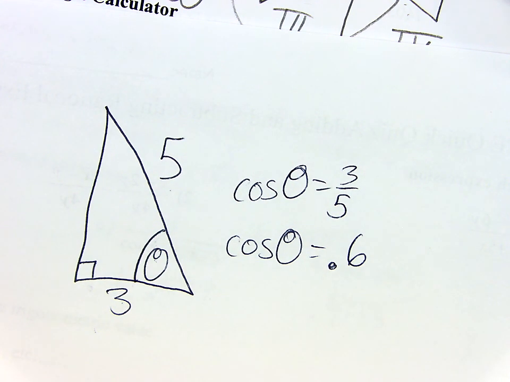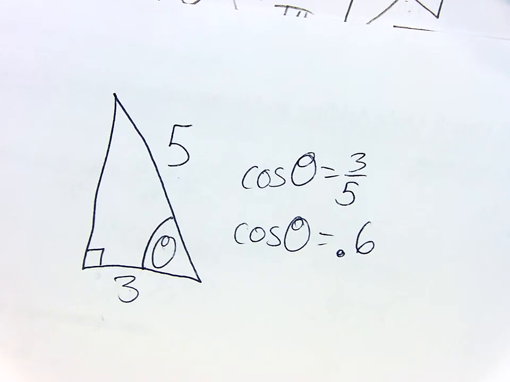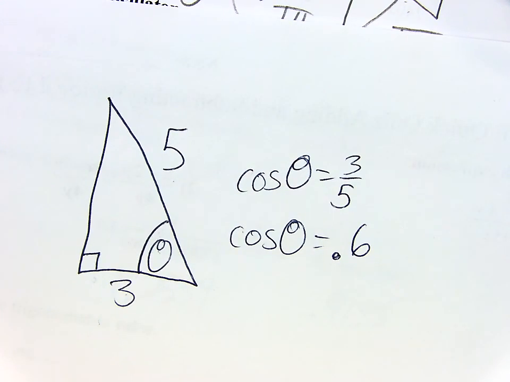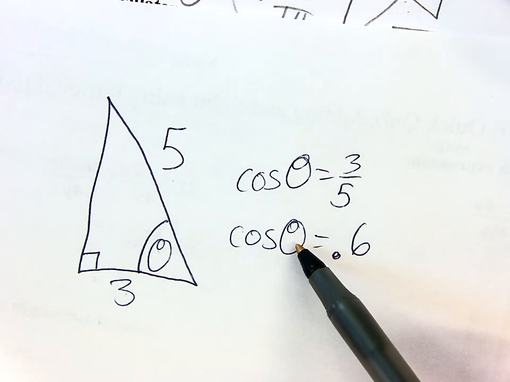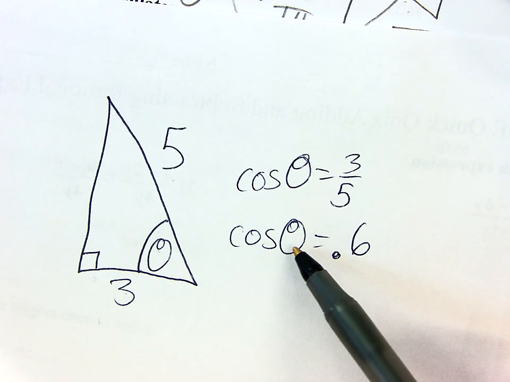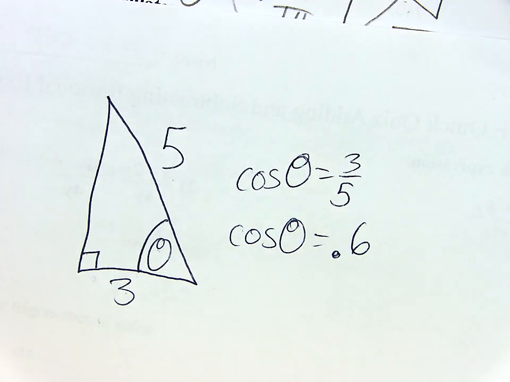But does anybody recall how you had to type it in the calculator? There was one special thing that you had to do. Was it second? Yes, yes, yes. If you are trying to find the measure of the angle, I don't know what the angle is, I have to use what's called inverse cosine, or inverse sine, or inverse tangent, whichever one I'm doing.